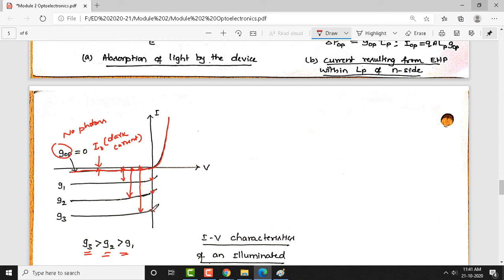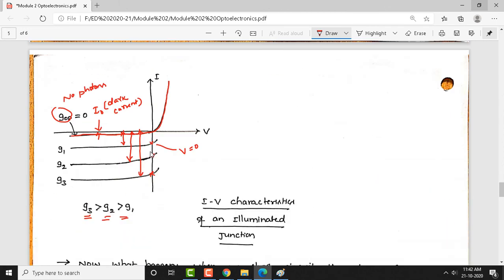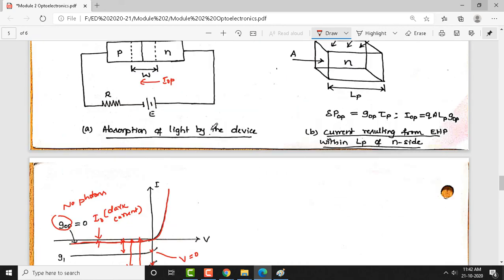These points that I marked here are the points at which we make the photodiode a short circuit across it. When you short circuit, the voltage is going to be 0. These are the points where the voltage is 0. Whatever external voltage you apply, if you make it 0, your current is now flowing only due to the photons, but there is a closed path here.